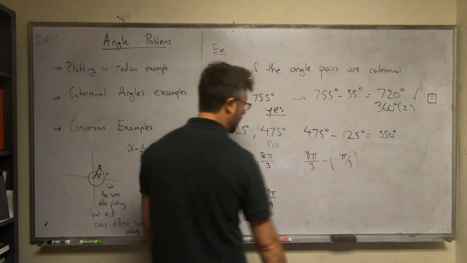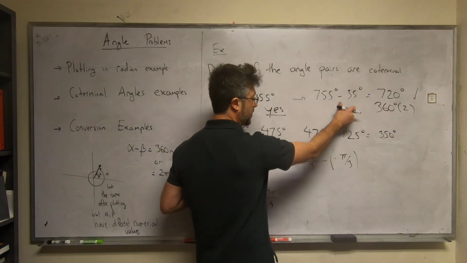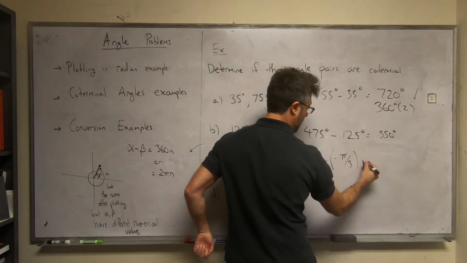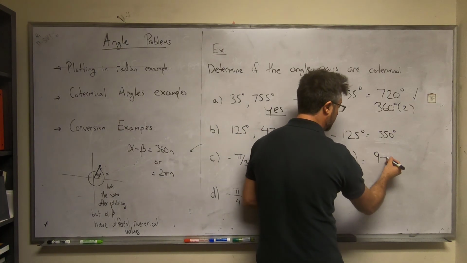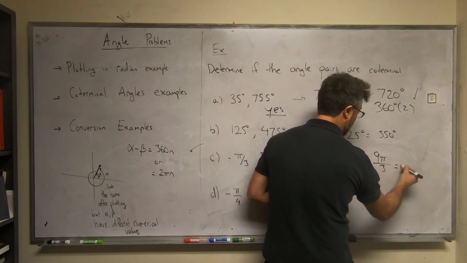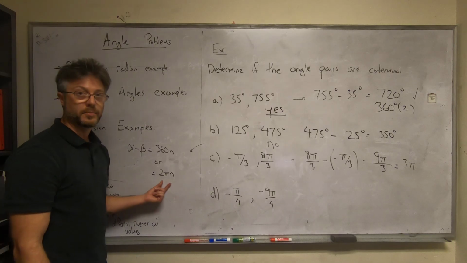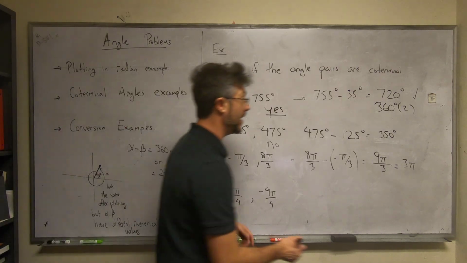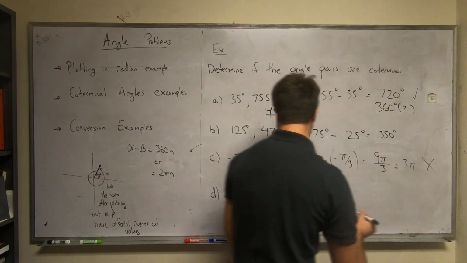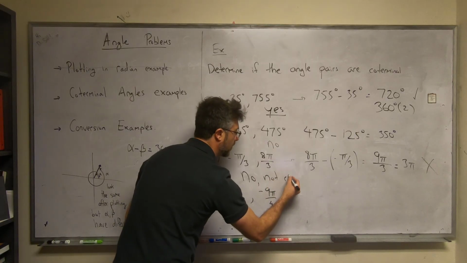So take care there that when we subtract a negative, that changes the sign. So then 1 and 8 become 9. 9 is divisible by 3, but 3 pi isn't 2 pi, or 4 pi, or an even multiple of pi. So no, we're out, they're off. No, not coterminal.